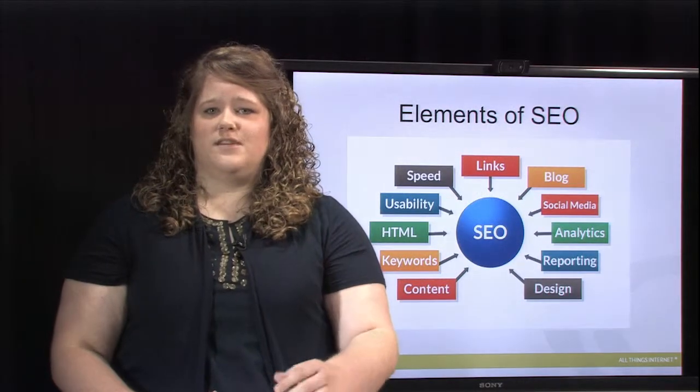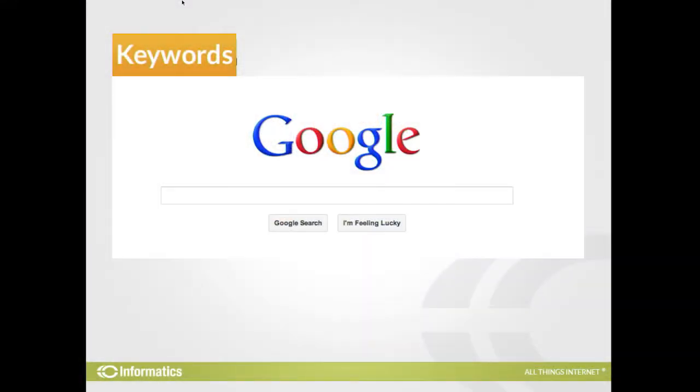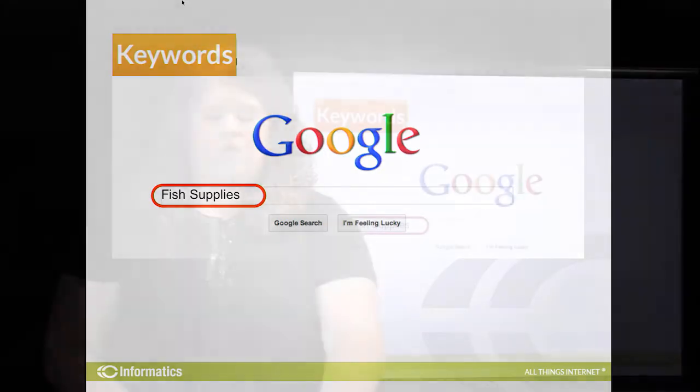As we talked about in our last video, keywords are those terms users are searching online in order to find the best website for their products or services. So let's take a look at how keywords work. When a user goes to a search engine, like Google for example, they're going to type in certain keywords. Based on those keywords, the search engine needs to then analyze websites to find the best one.